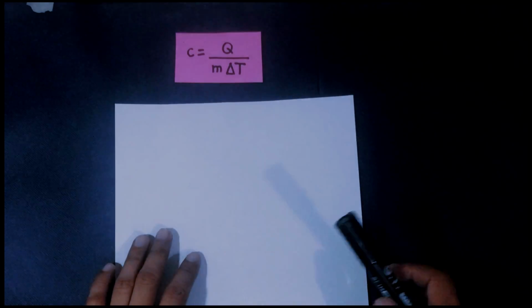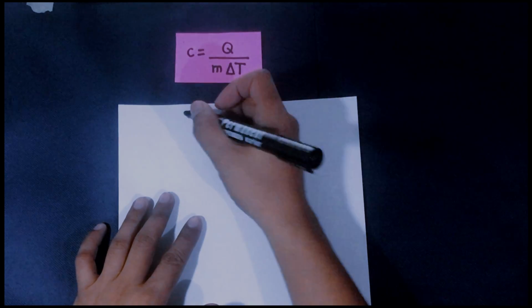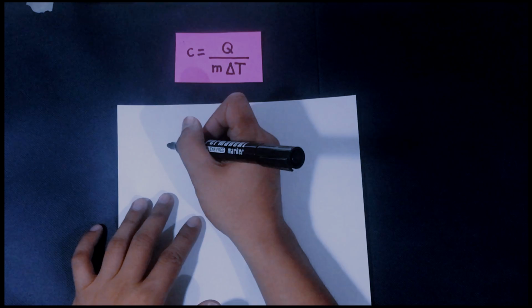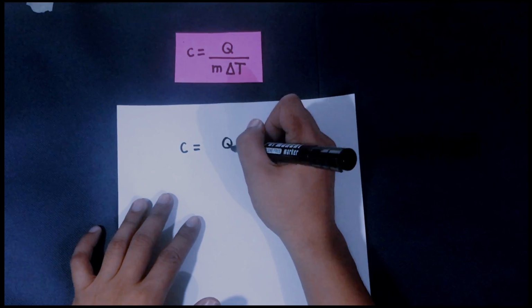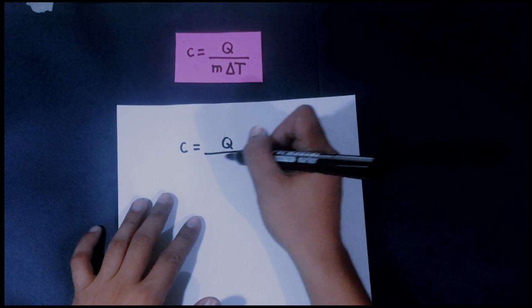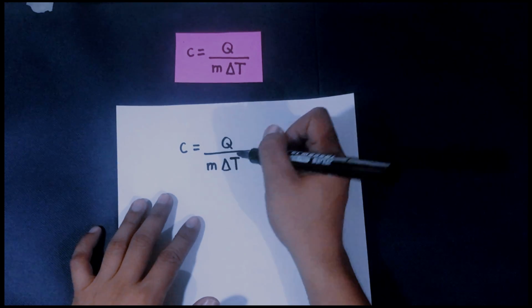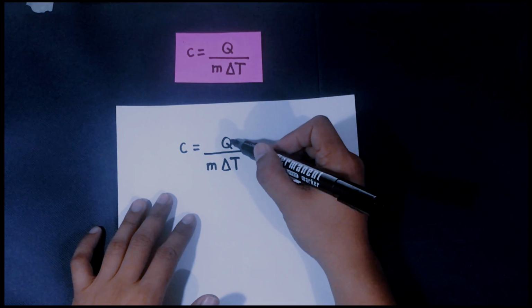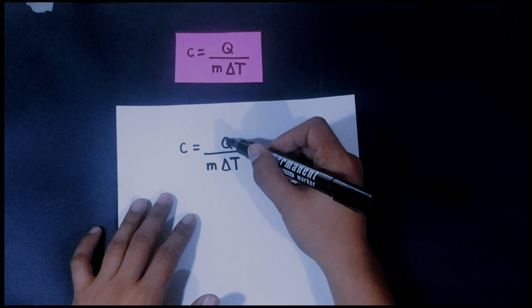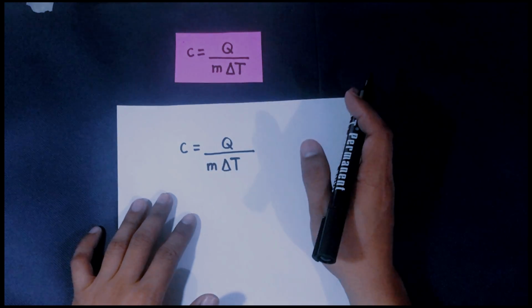Okay, so from this equation, which is C is equal to Q divided by M delta T, we need to do something to let this Q, or the amount of heat, be by itself on this side of the equation.